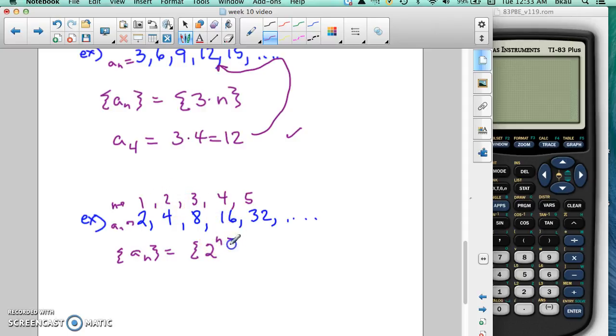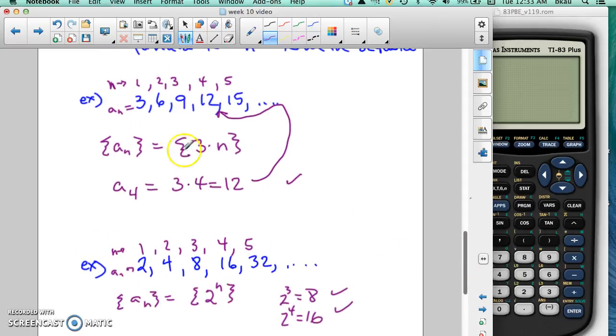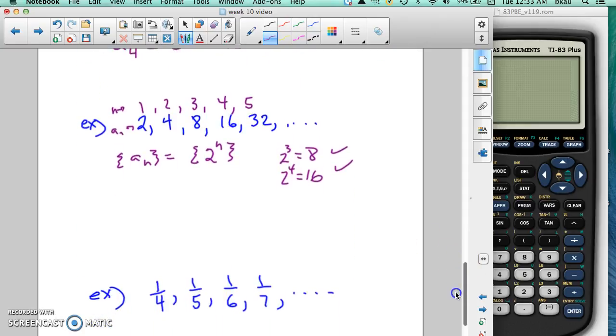Let's check: 2 to the third is 8, so the third term is 8. 2 to the fourth is 16, that's what we got on the fourth term, so these seem to check. It's based upon it being an exponential function. It's not growing by the same amount. Here we were growing by 3 each time, and here we're growing by more and more each time.